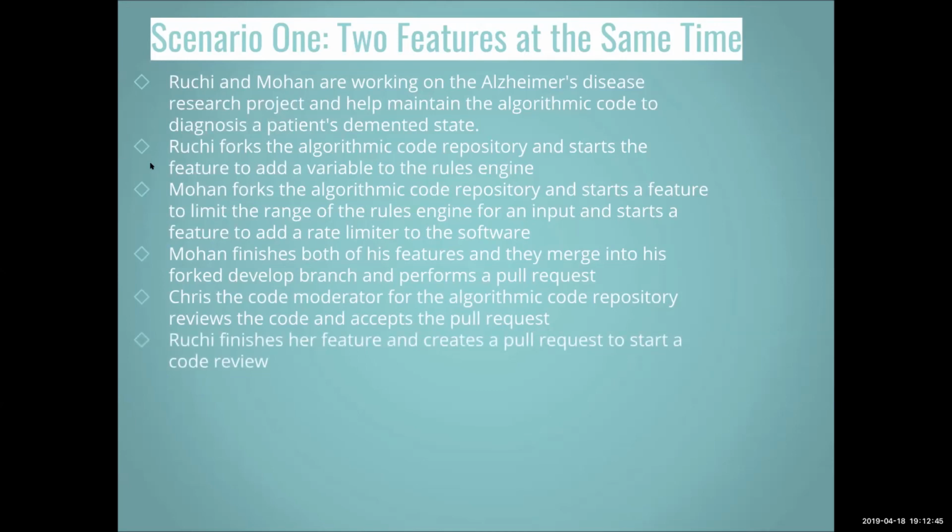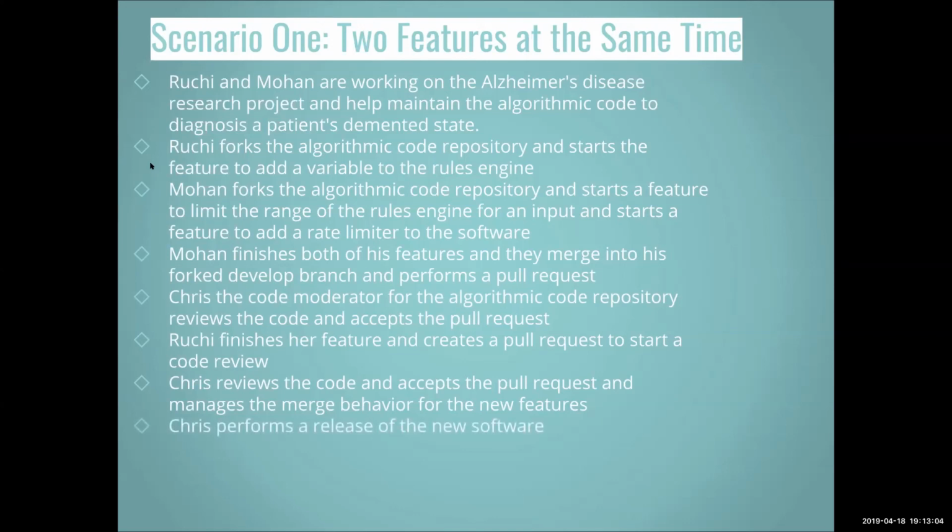Ruchi could be coming in a week later, for example. Chris also reviews that code, accepts the pull request, and manages the merge behavior for the new features, trying to manage any conflicts if there are. At the end of that, we have three new features in this software, and Chris performs a release of the new software.